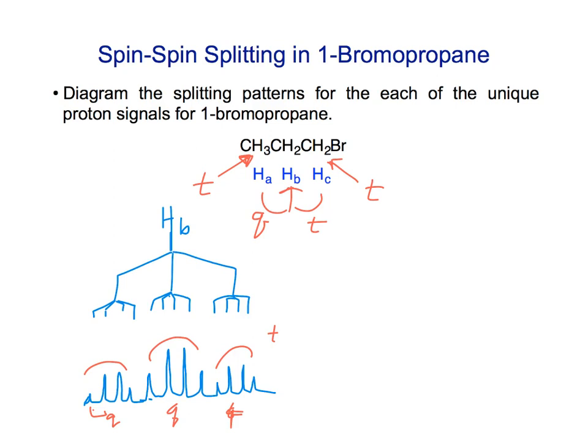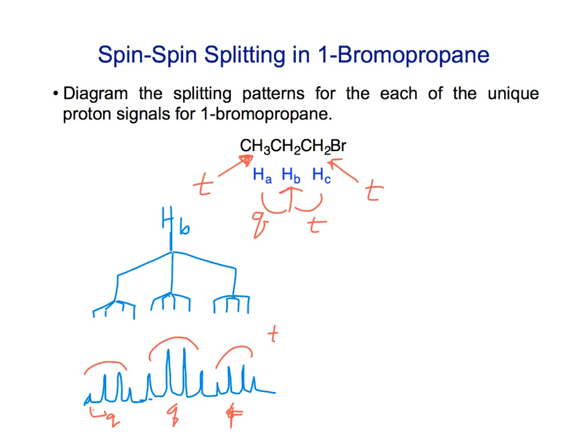However, because this is just an alkyl chain, we might expect the coupling constant between the CH2 and the CH3 to be very similar to the coupling constant from CH2 to CH2. There's no reason why those are going to be very different. In fact, what we oftentimes observe is that because these are alkyl chains, those carbon-carbon bonds can spin. We talked about conformations and all that stuff last semester.